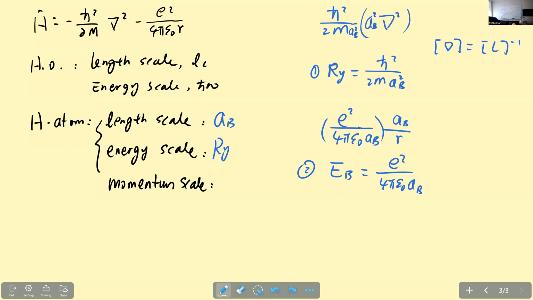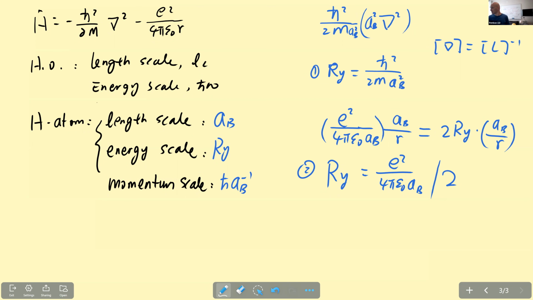Sorry, this is not E_B; we actually call this one R. For some reason that will be clear later, we divide by 2 right here, so that this equals 2 times R_B times a_B over R, which is dimensionless. The reason will be clear a little later. And of course, this momentum is just h bar times a_B to the -1.